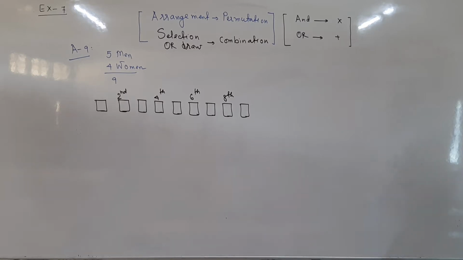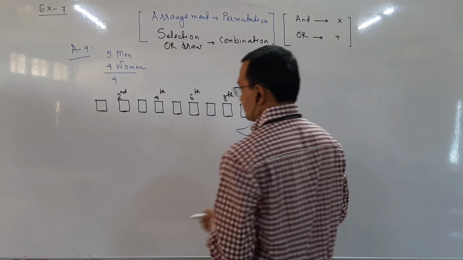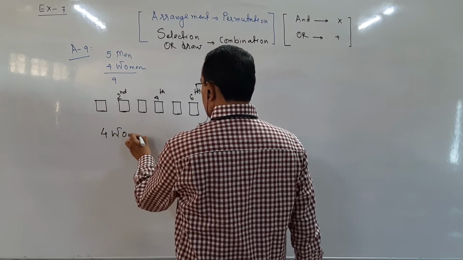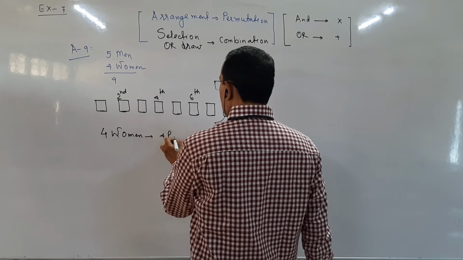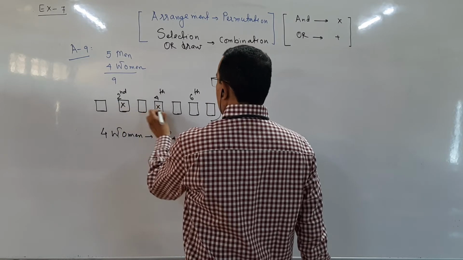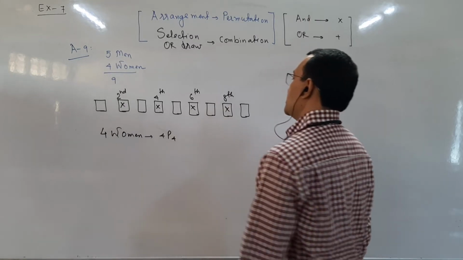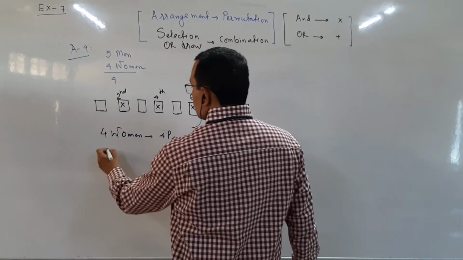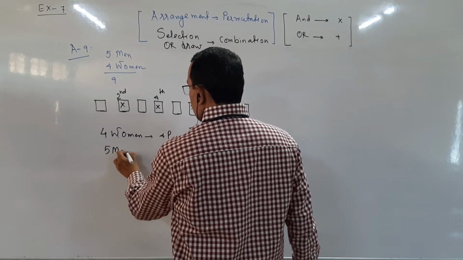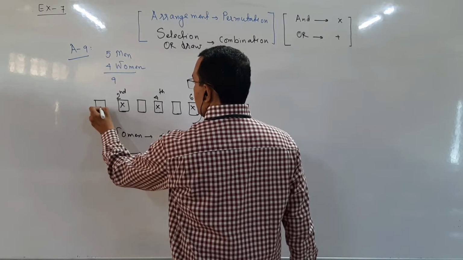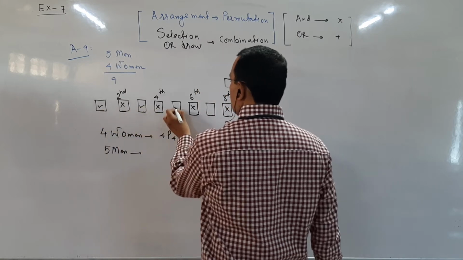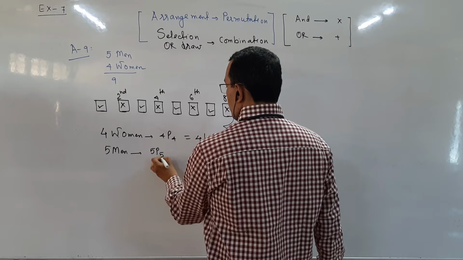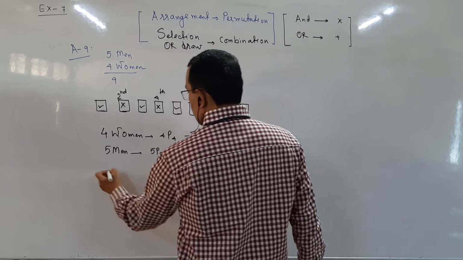Now, first of all, I arrange the women. 4 women can be arranged in 4P4 because we have 4 places and 4 women, and that is 4 factorial ways. So 5 men in 5 odd places. Check how many odd places: 1, 2, 3, 4, 5, and 5 men. So 5 and 5, that is 5 factorial.